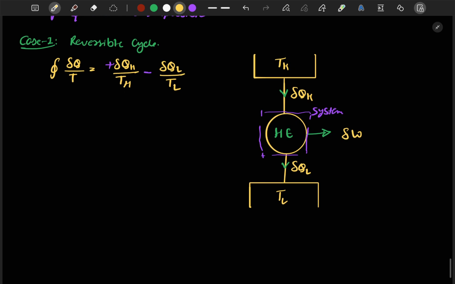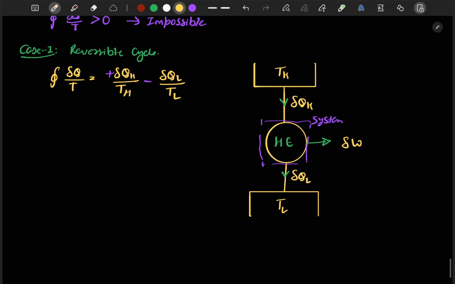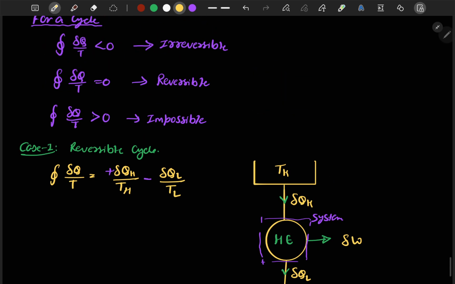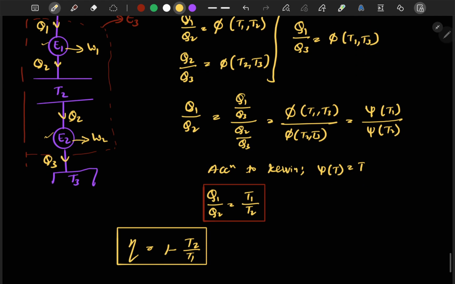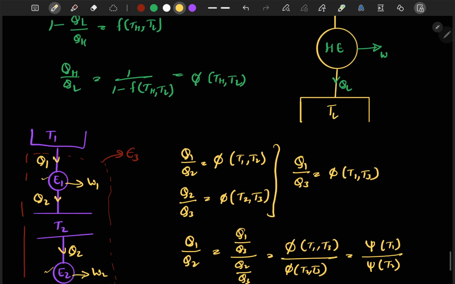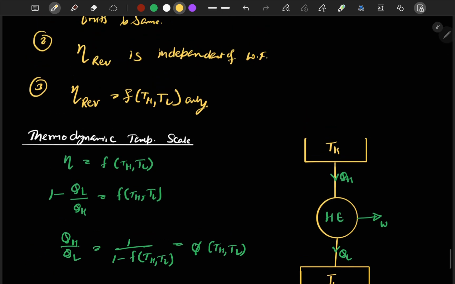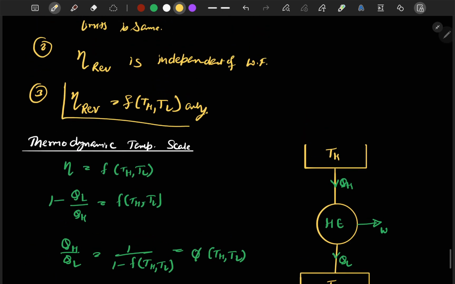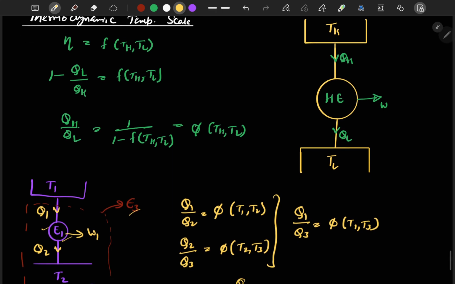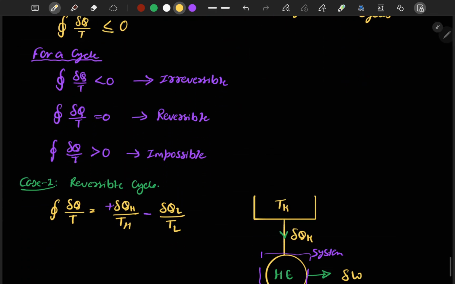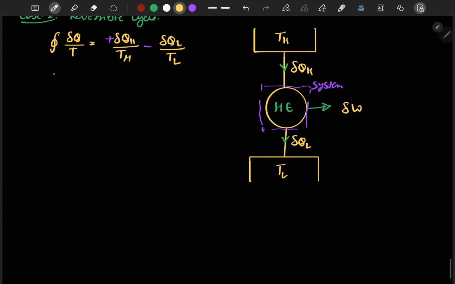Now from our Kelvin scale which we studied earlier, as I have told earlier, this was applicable only when these engines are reversible. Since this efficiency relation is for a reversible cycle, this whole thermodynamic temperature scale was only applicable for a reversible cycle.